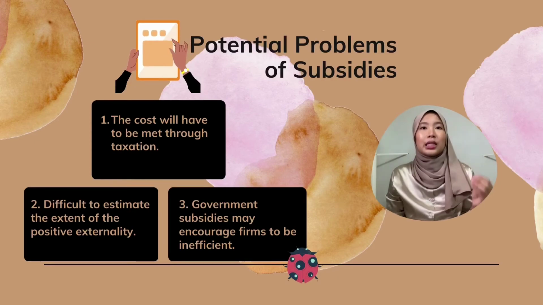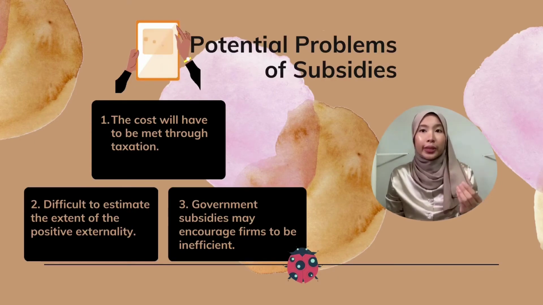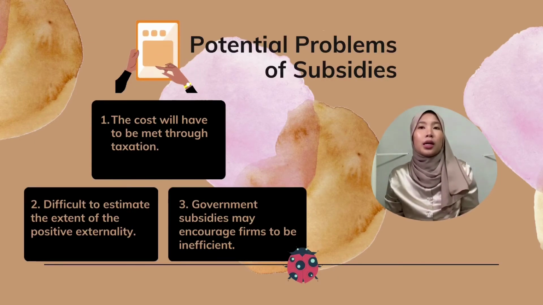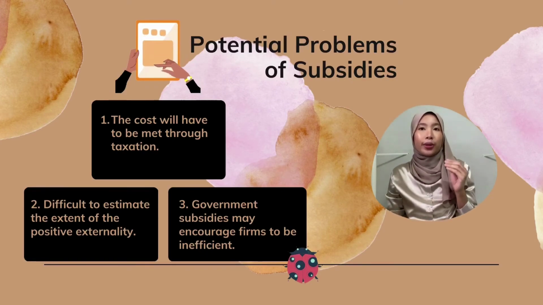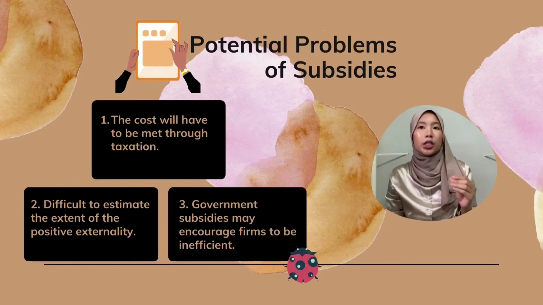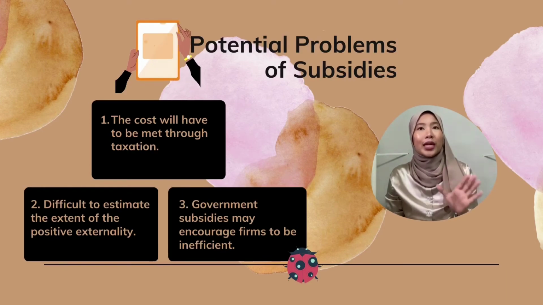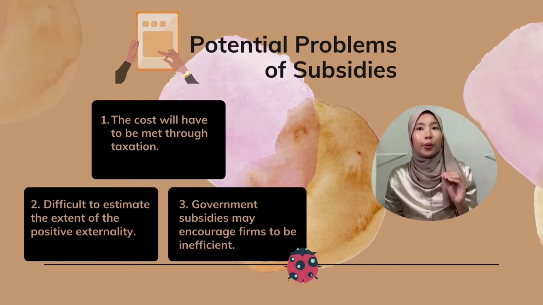This is an example of government failure. It occurs when government intervention in the economy causes an inefficient allocation of resources and a decline in economic welfare. Usually, government failure arises from an attempt to solve market failure but creates a different set of problems.